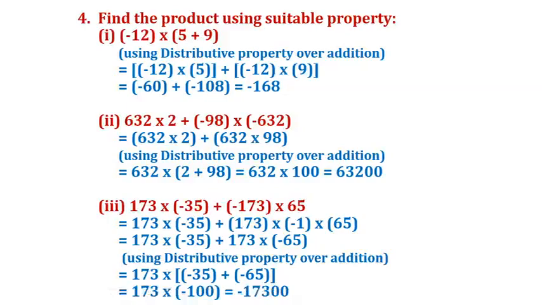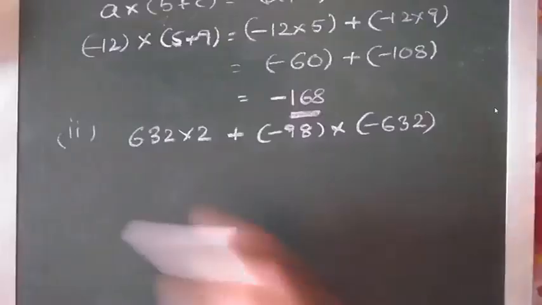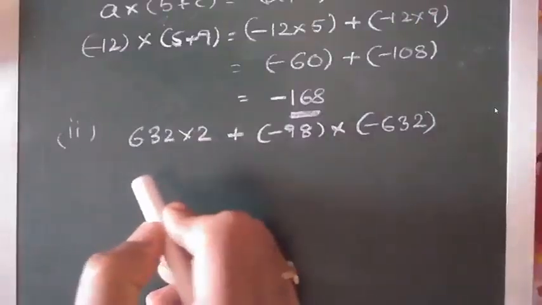Next, second one, which is 632 into 2 plus minus 98 into minus 632. Minus 98 minus 632. So now this is how it is written.